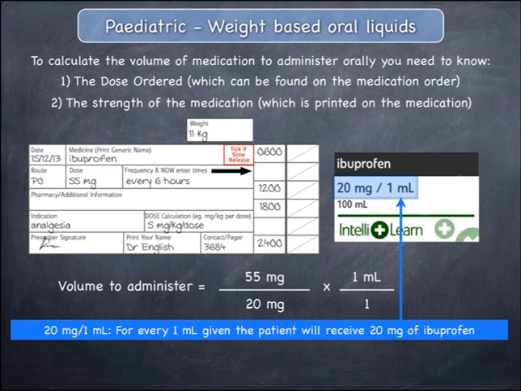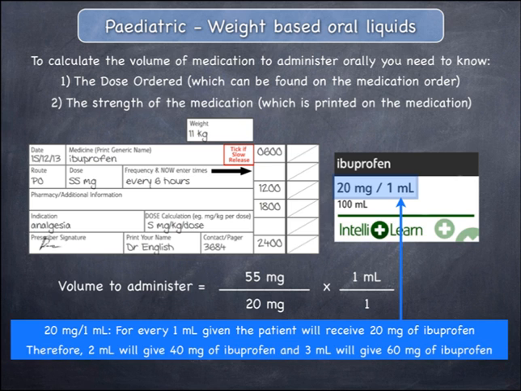The strength or concentration of the medication specifies how much active medication, in this case ibuprofen, is contained in a given volume of solution. 20 milligrams per 1 ml means that every 1 ml of solution contains exactly 20 milligrams of ibuprofen. In other words, if you were to administer 1 ml, the patient would receive exactly 20 milligrams of ibuprofen.